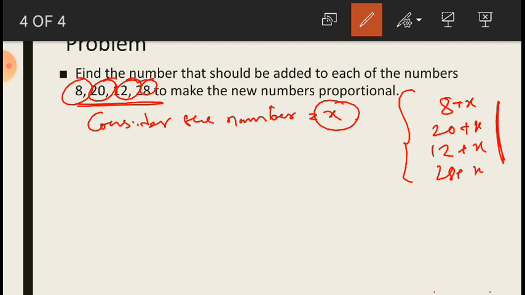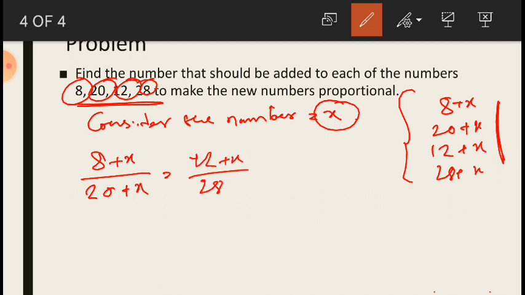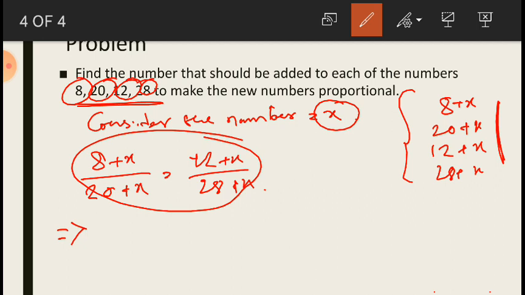That means you have to prove that 8 plus x divided by 20 plus x equal to 12 plus x divided by 28 plus x. This is your condition here. Now you have to find out the value of x, and they said that these numbers are in proportion, and you have to find the number. So the number is x, and now this condition is given to you. Now you have to find out the value of x here.